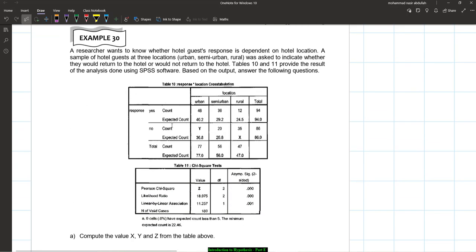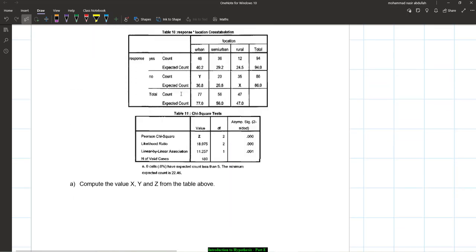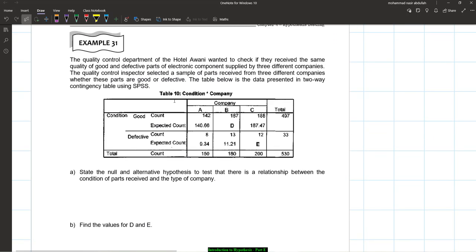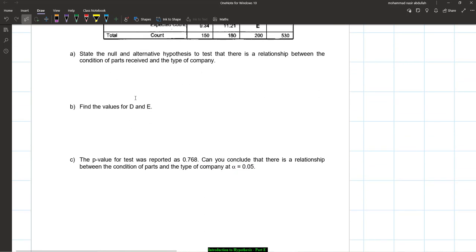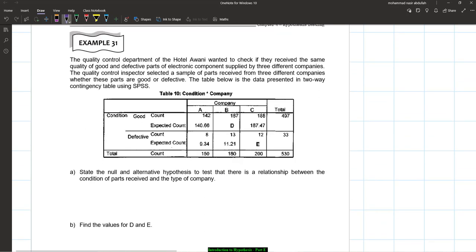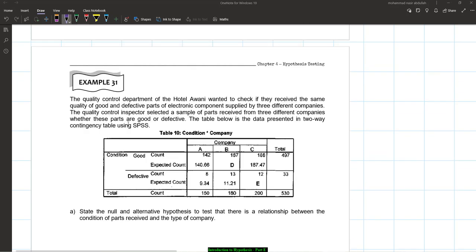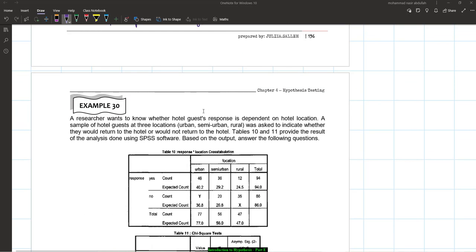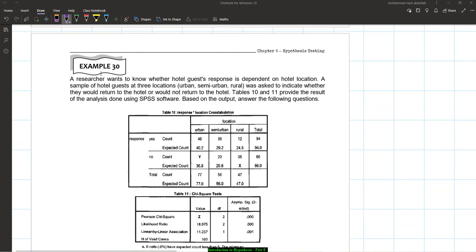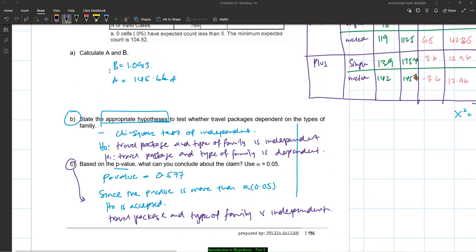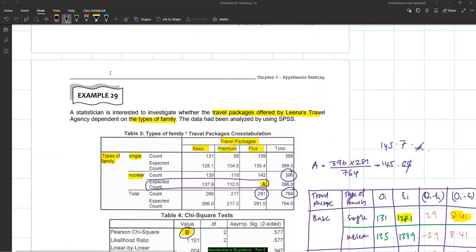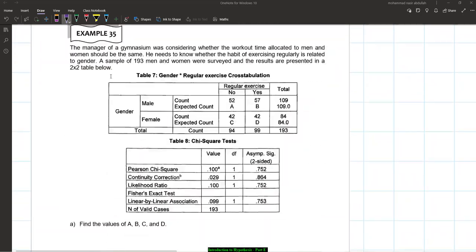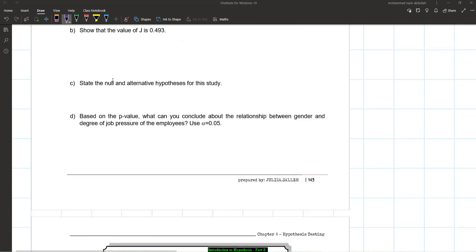This example is the same as previous example number 29. You can do it by yourself. This example 31. I think for example number 30 until example number 36, you should do it by yourself, right?